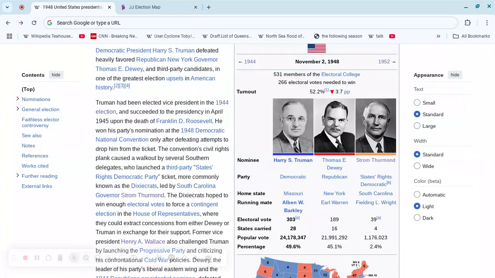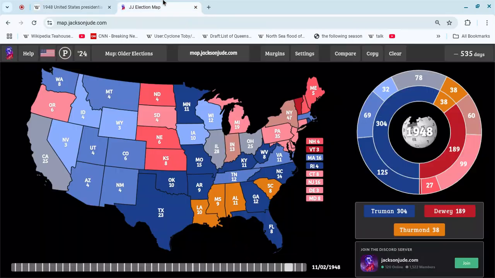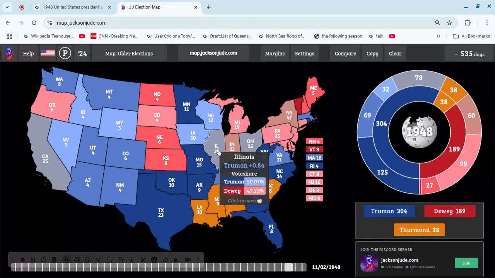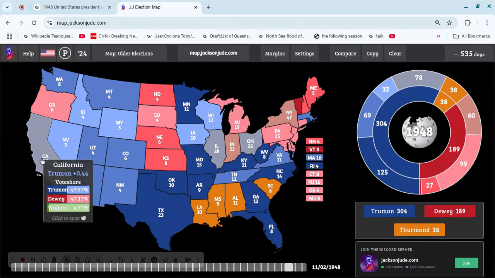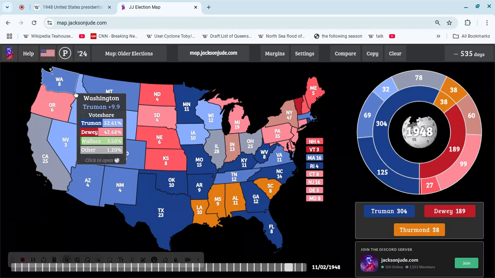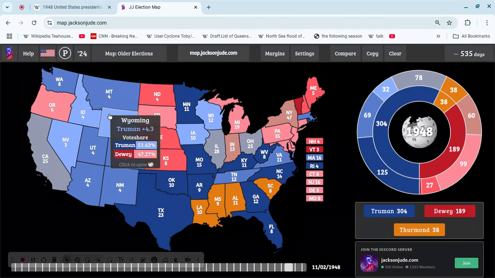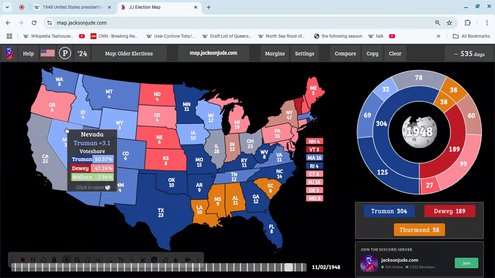But let's see how this would have affected a tipping point state. But we have to realize that Wallace had support throughout the country. This wasn't like Thurmond's support, which was concentrated in the South. But looking at some of these other Wallace states, there weren't too many states where Wallace performed well.